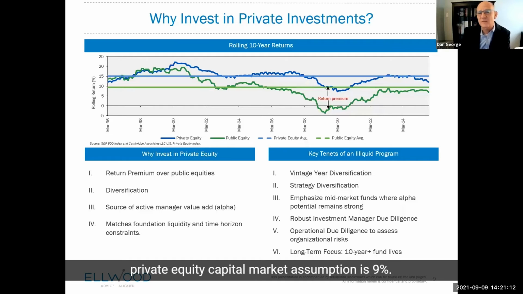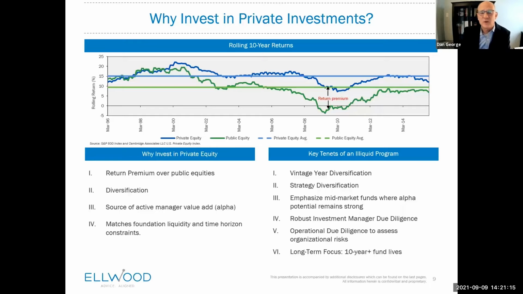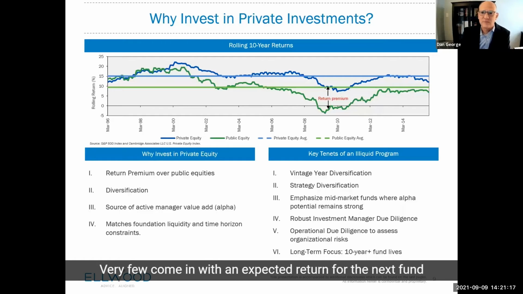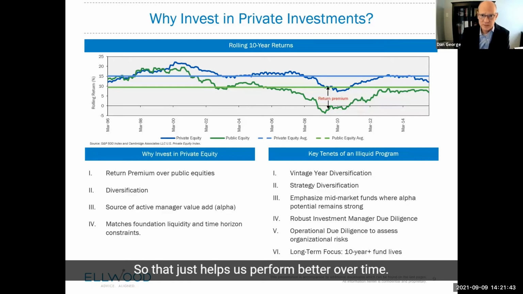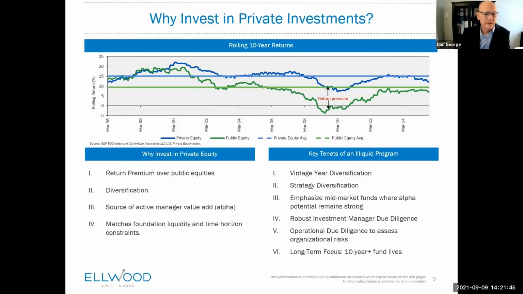Even though the private equity capital market assumption is 9%, we talk to private equity managers, very few come in with an expected return for the next fund below 12 to 15%, and some are even higher. If we ask them if they could beat 9%, they would say probably yes with one hand tied behind their backs. The asset class has historically been able to beat its capital market assumption by a wider margin than the public equity managers have been able to beat theirs. So that just helps us perform better over time.